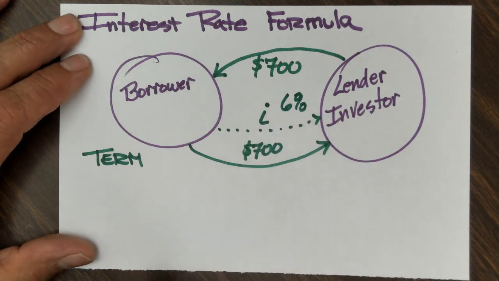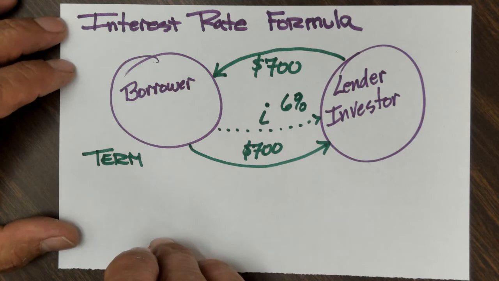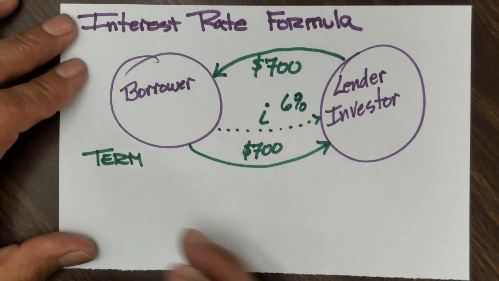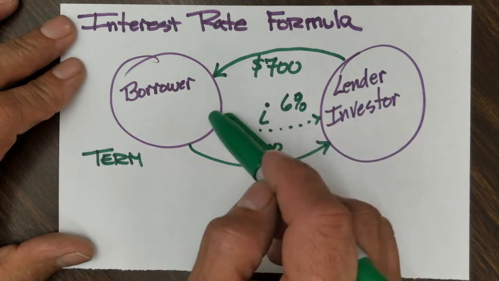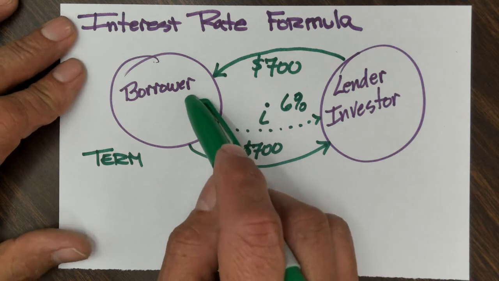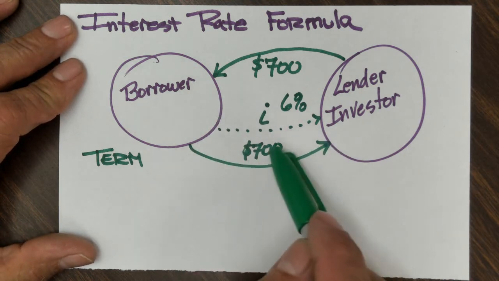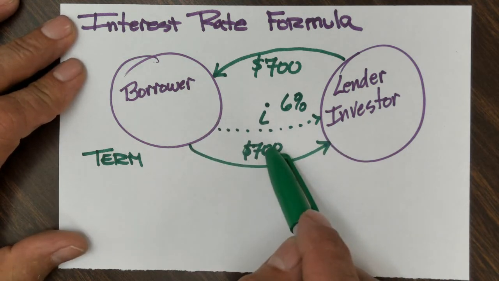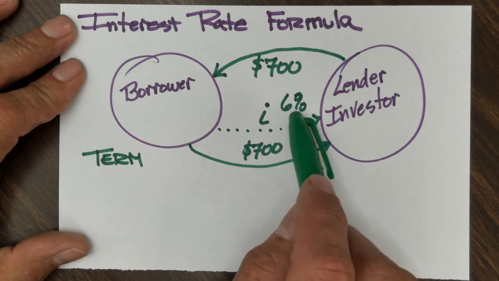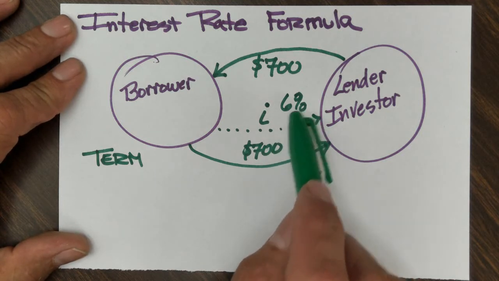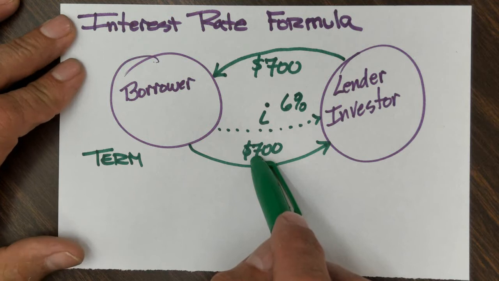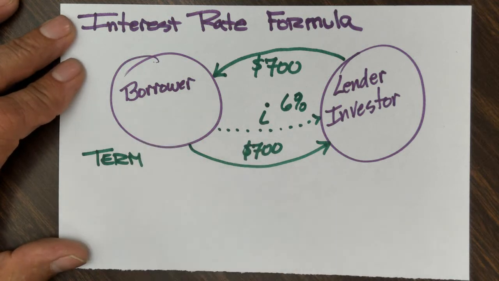Now 6%, we'd have to calculate it and figure that out, and we'll do that here in a minute. But once again, how long does the borrower have to give the lender back his $700? And how often is this 6% going to be added to the $700? This is where terms come in.